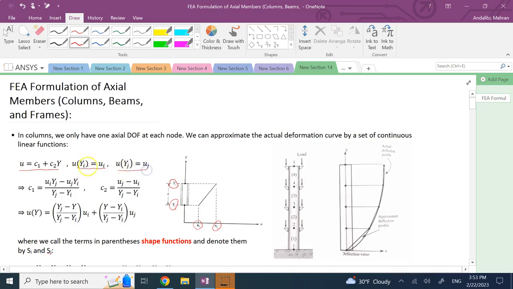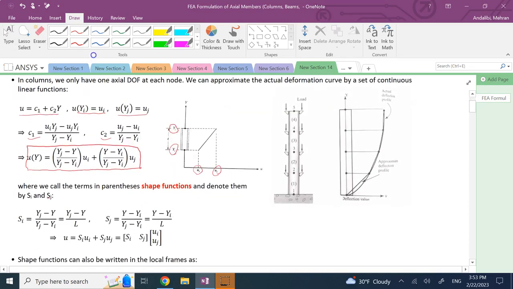So if we plug in these two boundary conditions for it, we can find the constants C1 and C2 to be these ratios. And if we plug them back, then you can get this function to be the approximation for the actual displacement. So this is that line.